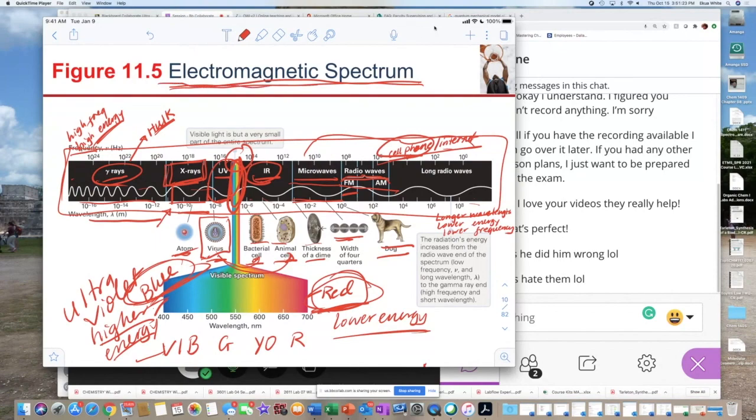We also say, just like this spectrum has different waves of light, the electrons can release different waves. Some of them are visible to where we can see, some of them are invisible to where we cannot see. Okay, so the electron is able to release some of these waves right here, just like the ones we see in the electromagnetic spectrum.